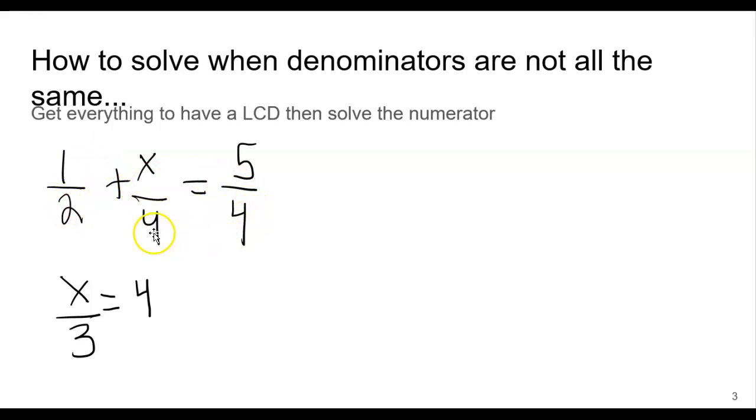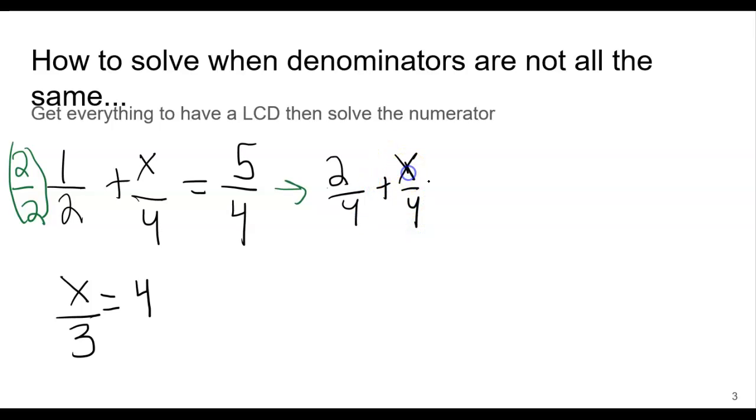So I'm going to look at this. My denominators are not the same. So let's think about what I can multiply everything by to get the least common denominator. 2, 4, and 4. Everything needs to be a 4. So this is going to get multiplied by 2. So this becomes 2 over 4 plus x over 4 equals 5 over 4.